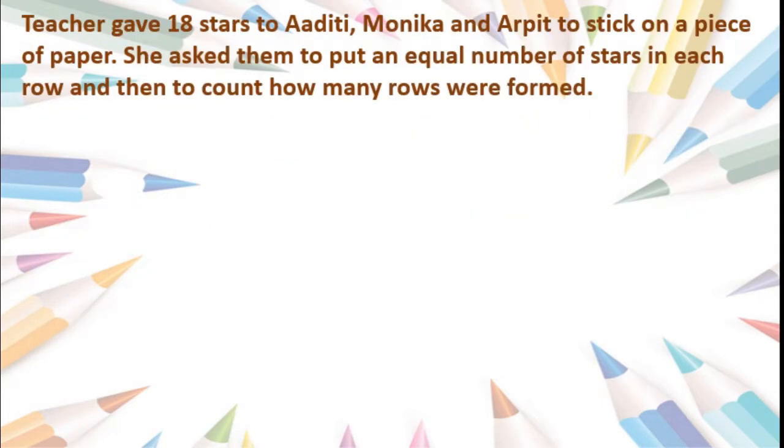One question is here. Teacher gave 18 stars to Aditi, Monica and Arpit to stick on a piece of paper. She asked them to put an equal number of stars in each row and then to count how many rows were formed.